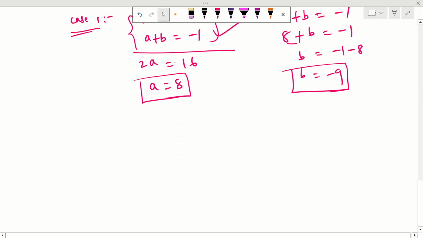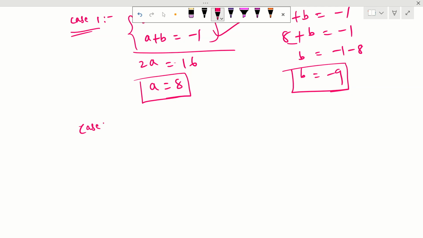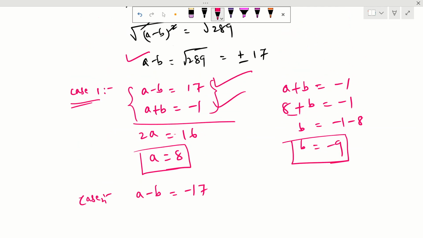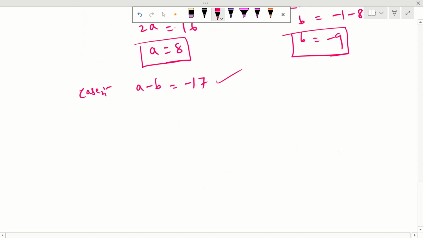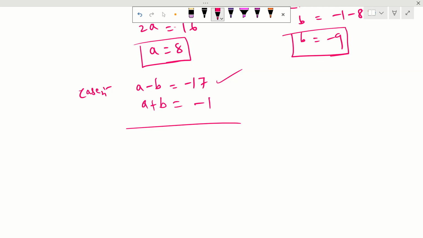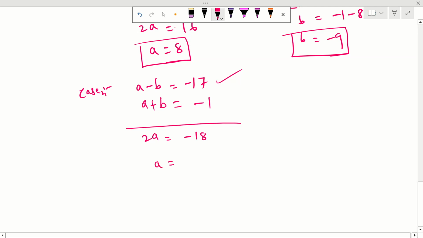Now we will consider the second case, that is case 2. Case 2 will take a minus b is equal to minus 17, right? And adding with the same equation a plus b is equal to minus 1, b will be cancelled, and we'll have 2a is equal to minus 18, and a is equal to minus 9, right?